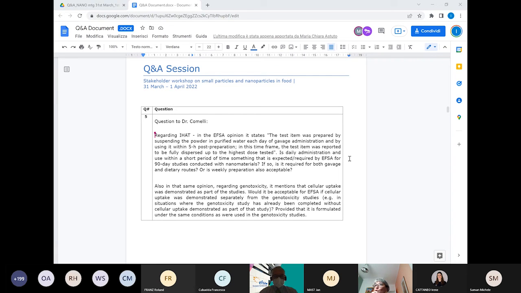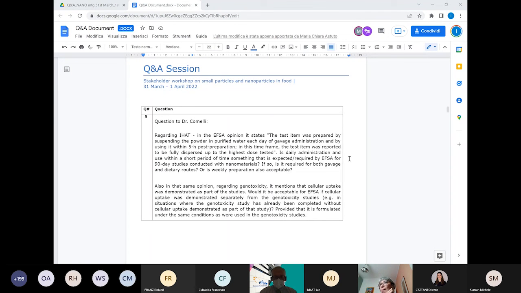As concerns the genotoxicity, I would say that you would need to demonstrate your cellular uptake within the culture media used for genotox assessment, although within the application we also demonstrated cellular uptake in other cell lines, particularly in CACO2, but unfortunately for the genotox study, CACO2 are not validated cell lines, at least up to now.